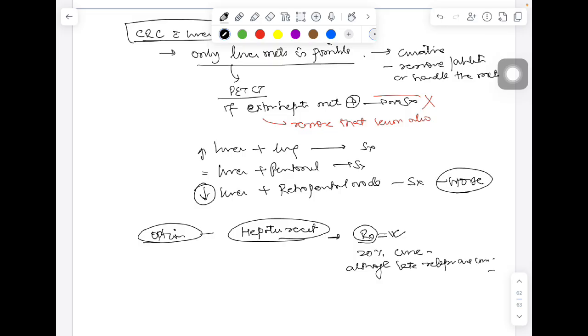So hepatic resection is the preferred one. Okay, and check for extrahepatic mets. If there, you remove that also. Earlier the notion was not to remove. We have discussed that. Now, if the patient is not fit, with a smaller lesion, we can do microwave ablation.